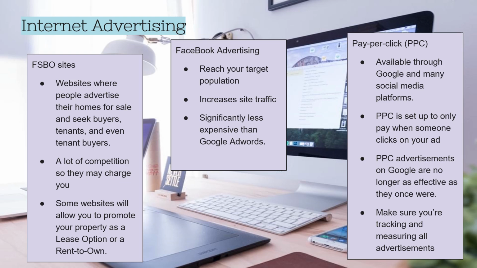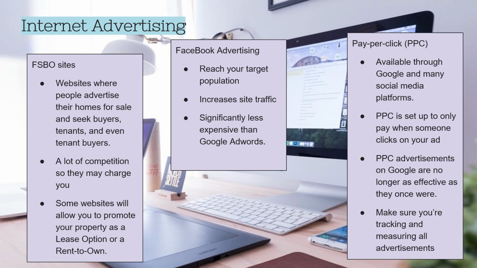If you're looking for a tenant buyer, you could target them directly. The effective way to reach your target market is to increase the traffic to your website by advertising with Facebook ads or Google ads. But in all these online advertising methods, you have to understand the advertising and you have to know how to track.